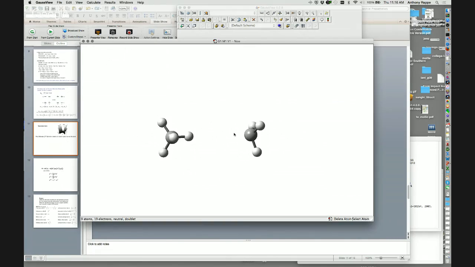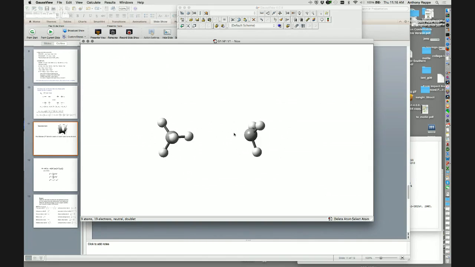The barrier for that reaction is just a few kcal/mole. It's a small barrier. If we thought about taking two methanes and reacting them to make, say, H2 and ethane, that's a really large barrier. This has a small barrier.